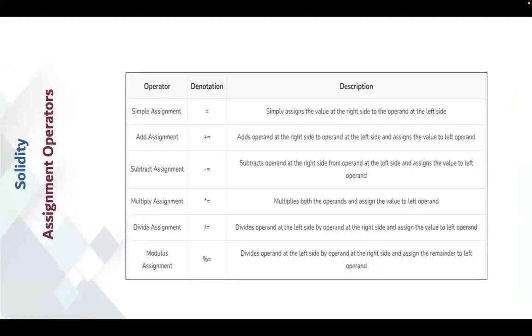Now let's move to talk about assignment operators. They are used to assign values to variables, and Solidity supports the following assignment operators: simple assignment, add assignment, subtract assignment, multiply assignment, divide assignment, and modulus assignment.